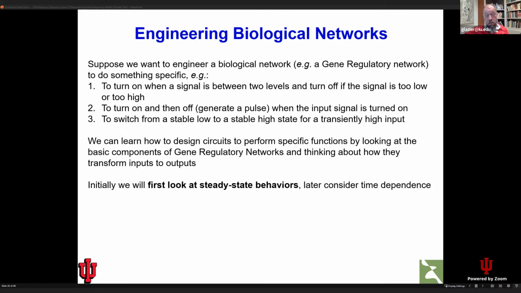Sometimes you get the same result, sometimes you don't. And you could do all of these things. You could have a circuit that turns on and then turns off again in time, a circuit that turns on again and off again as you change levels, pulse generators, and so on.